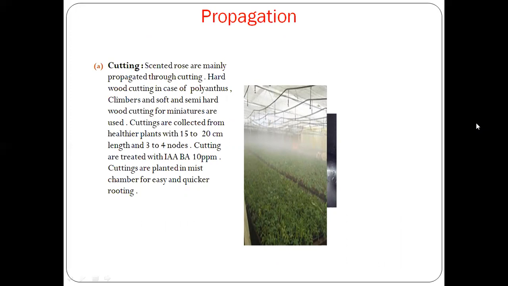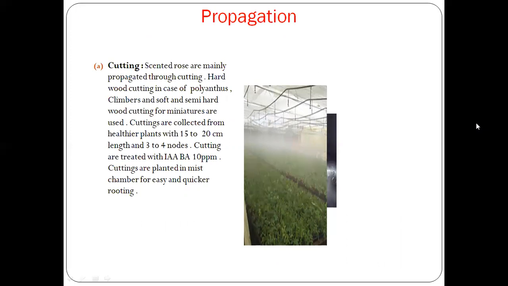In case of cutting, about 15 by 20 centimeter long, unrooted cuttings of rootstock treated with 2000 ppm of IBA are taken, and T-budding is practiced. For this, rooted rootstock cuttings can also be used.